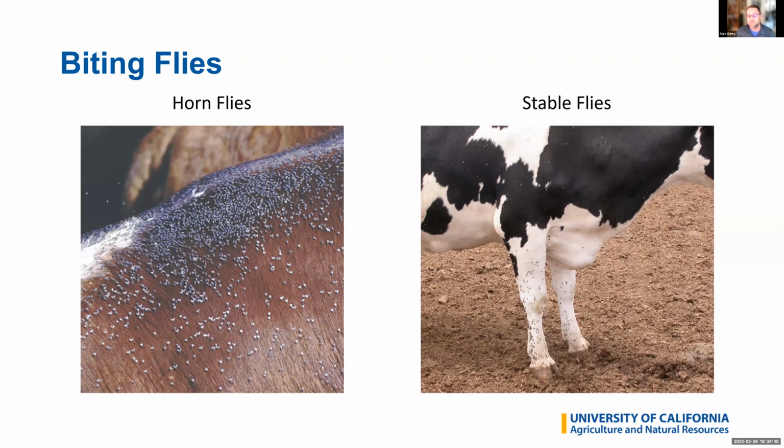Stable flies also are on the cow just long enough to take their blood meal, and then they fly off and leave the animal, whereas horn flies will stay on the animal as adult flies almost all the time. In fact, if you dislodge the horn flies, they'll fly up in a big cloud and then almost immediately fly right back down, landing on either the same animal or some animal in the very near vicinity.